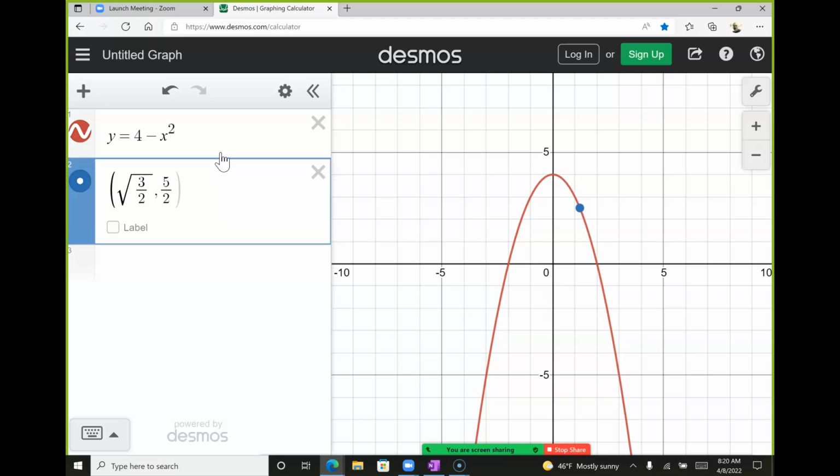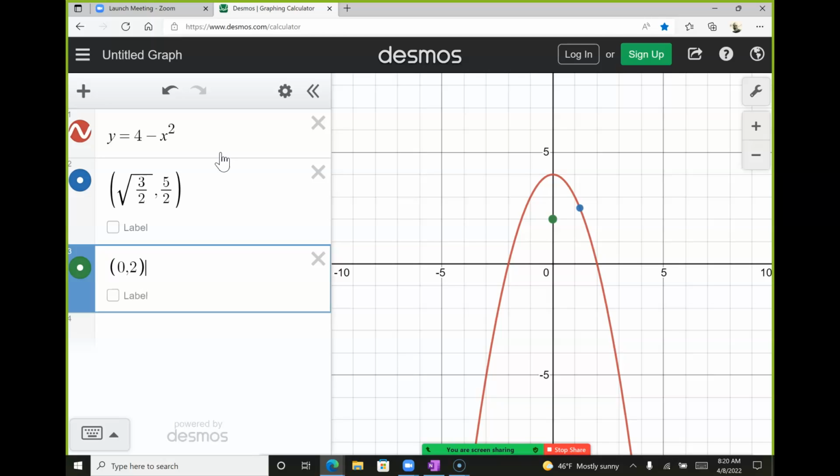Nice. And of course I have the point 0, 2. And you can see the perpendicularity there, right? Yeah, it would be perpendicular to the tangent. That's right.